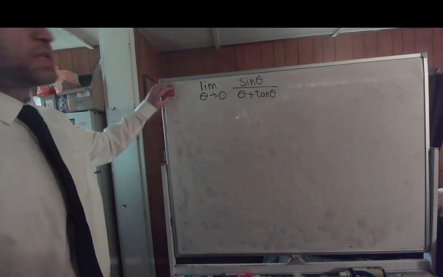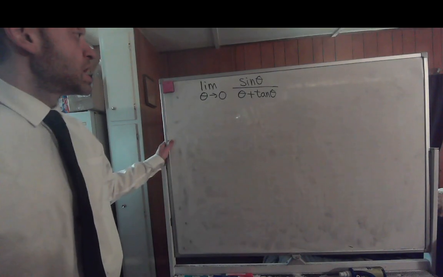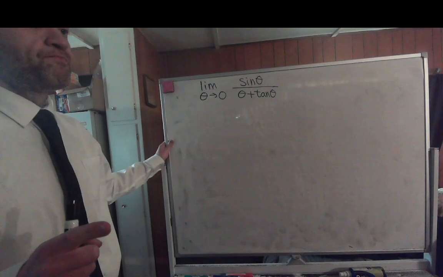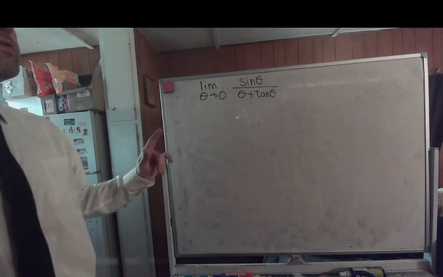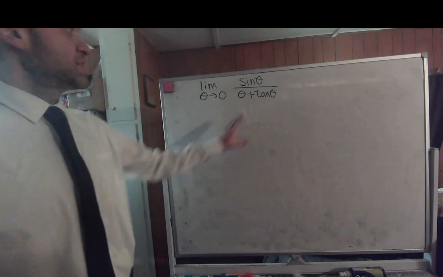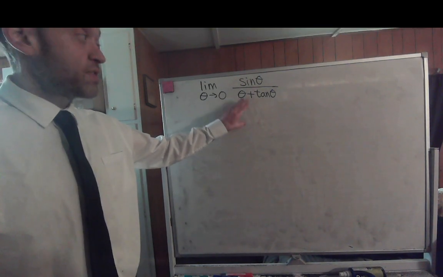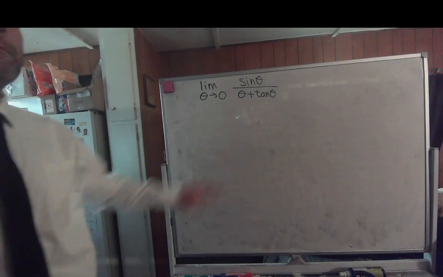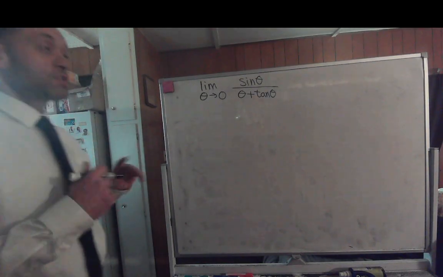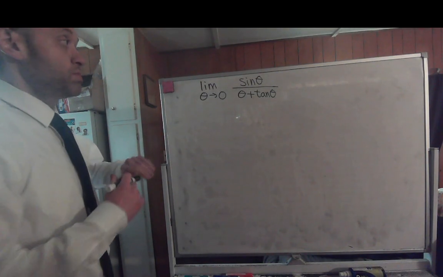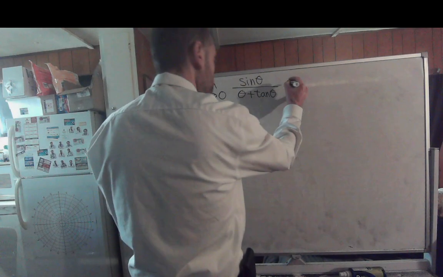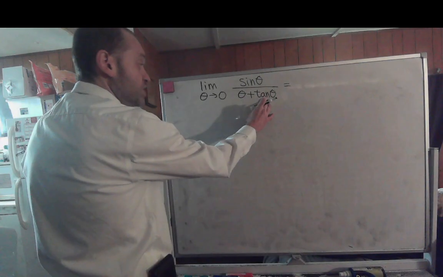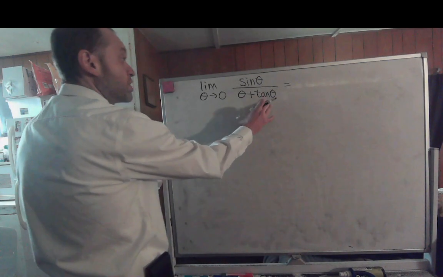So what are you going to do? It's a diabolical trick, actually. If you just simply have an x or a theta, conjugating's not your best way to go. Here's what I'm going to suggest you do. First thing you want to do, go ahead, convert that tangent into a sine of theta over cosine of theta.